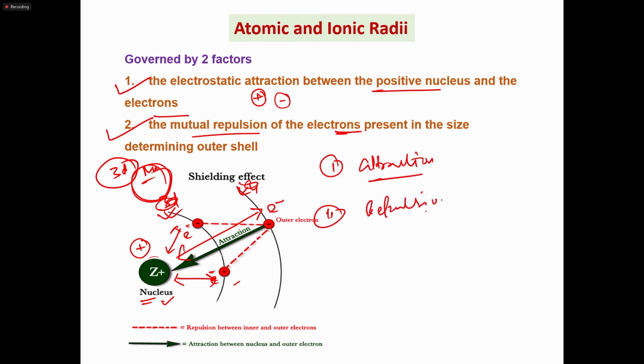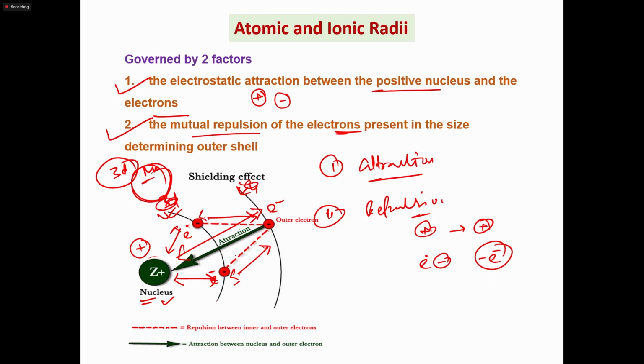Another point is the repulsion. When we are talking about repulsion, it is negative-negative repulsion, that means between two electrons. So here the repulsion is present between these two electrons, and there is also the attraction.